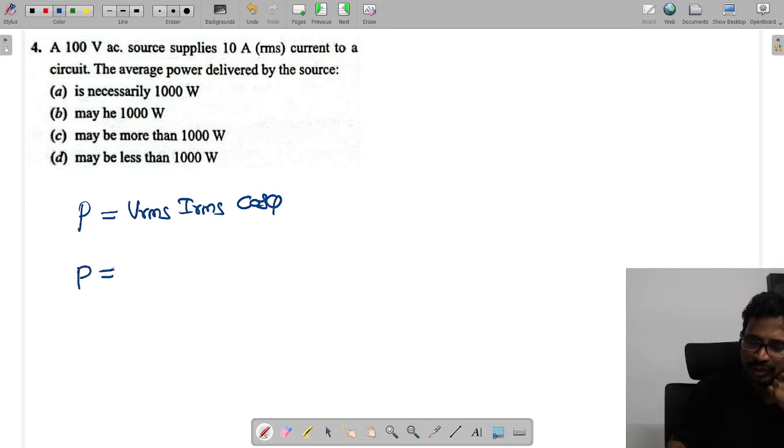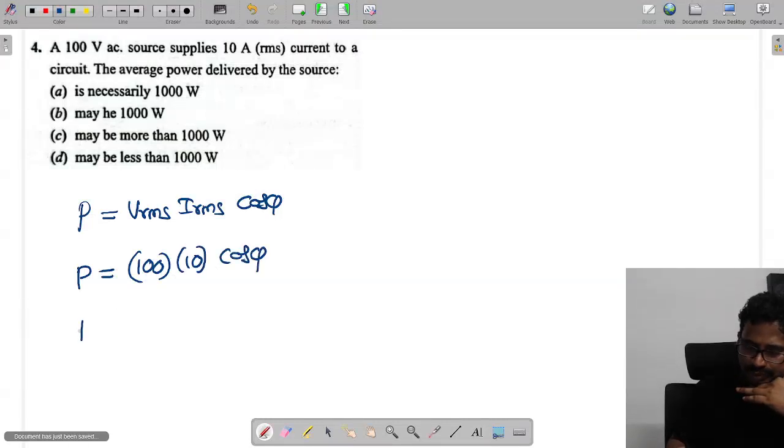VRMS is 100, IRMS is 10, and this is cos phi. So this value will be 1000, can I say 1000?